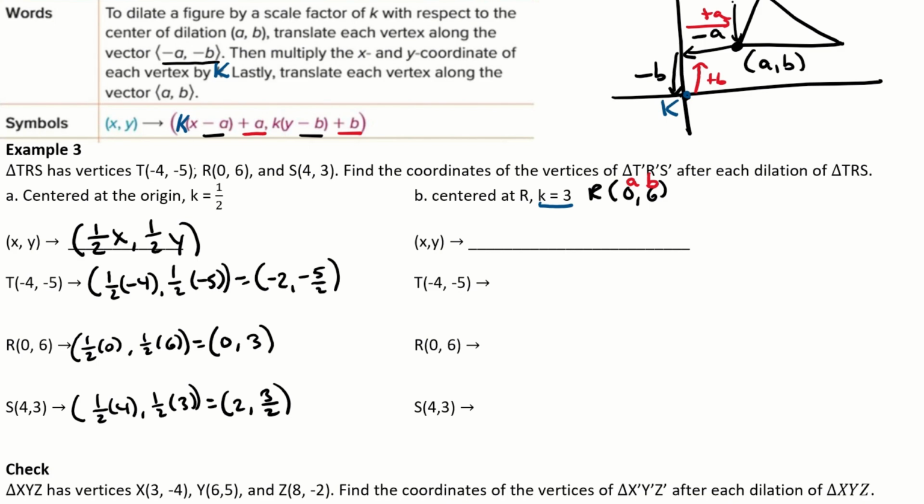So let's apply this rule. For the rule, (x, y) maps onto (3 times (x minus a) plus a, comma, k times (y minus b) plus b), all in parentheses.